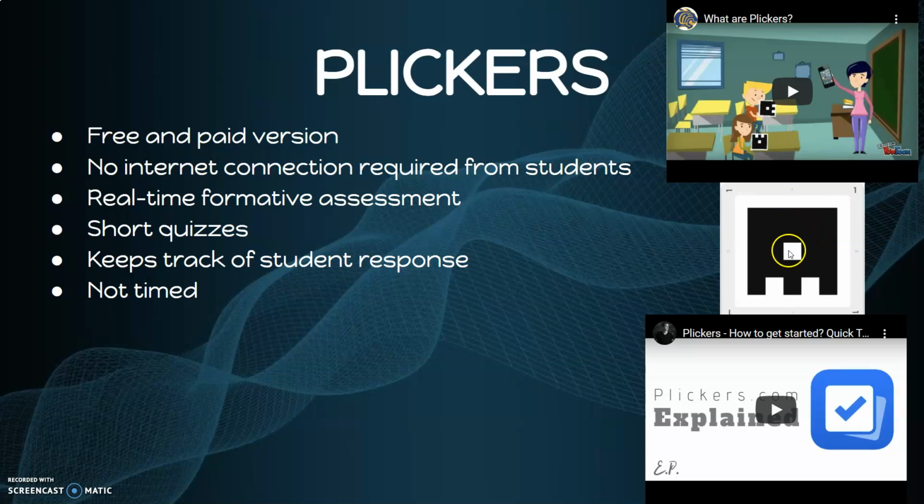But the fun thing about this is that when the teacher asks a question, students need to answer A, B, C, or D, but they face the card depending on the letter that they choose. Every different student has a different code, so the students can't see exactly what the other student chose because they're all different barcodes. The teacher uses a phone as seen up here, and then just takes a picture, and then the computer tracks it.